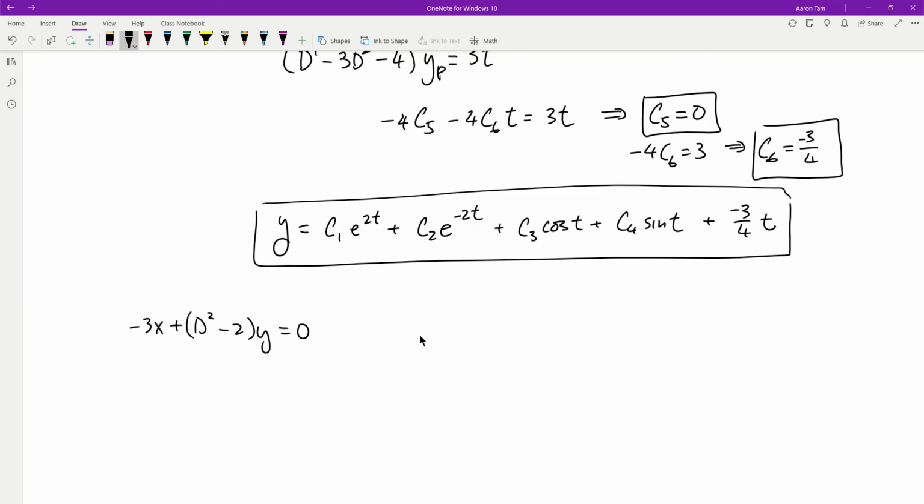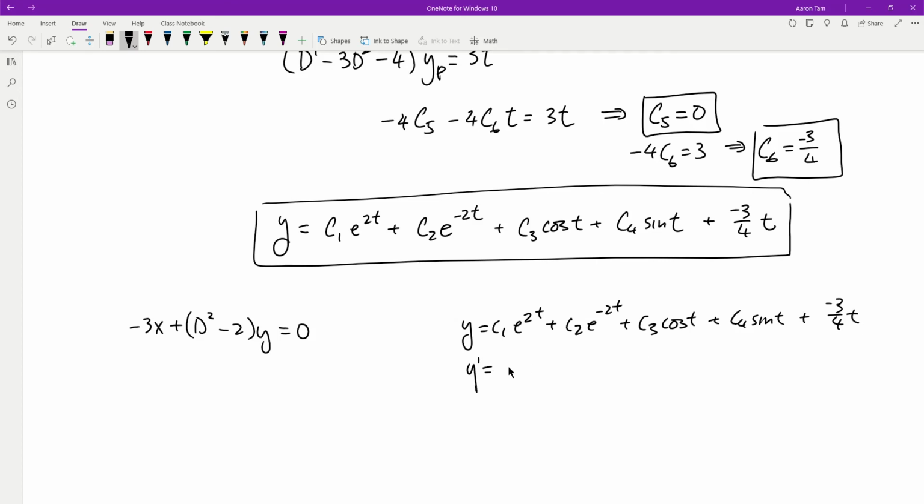So instead of writing it all out, I'm going to write out the second derivative of y first, so that way it's easier to do. So y is c1 e to 2t plus c2 e to negative 2t plus c3 cosine t plus c4 sine t plus negative 3 over 4 t.